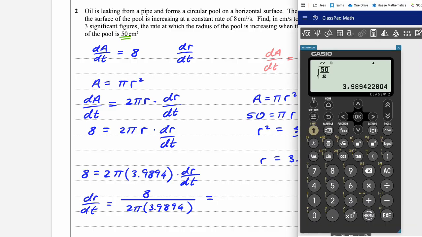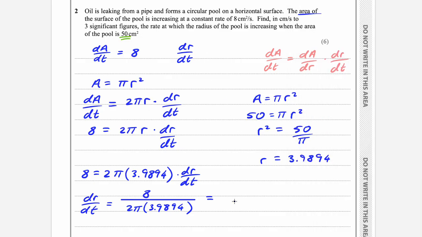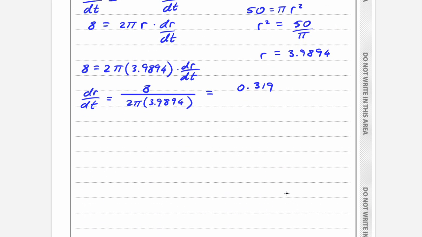Calculator, please. It is 8 over 2 times pi times 3.9894, giving me 0.319. Does he want 3 significant figures? Yes. So it's 0.319. Okay, that, guys, is question 2.